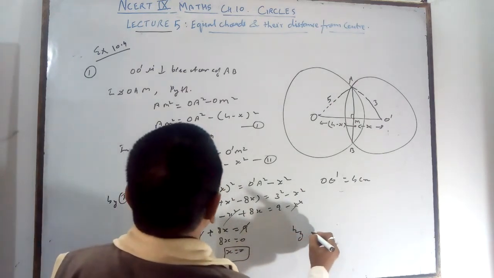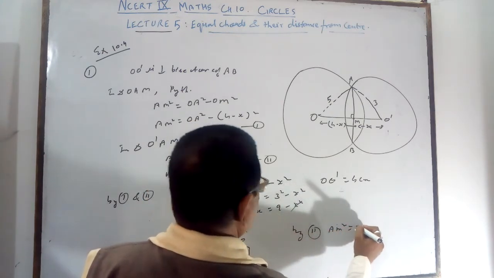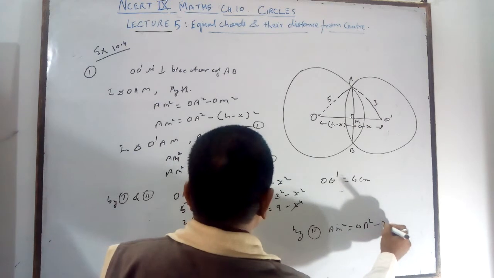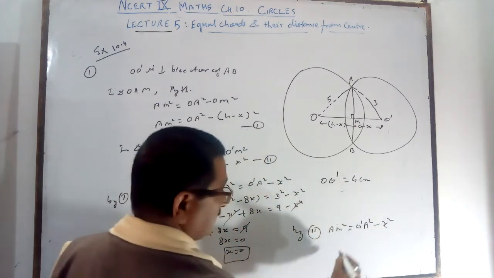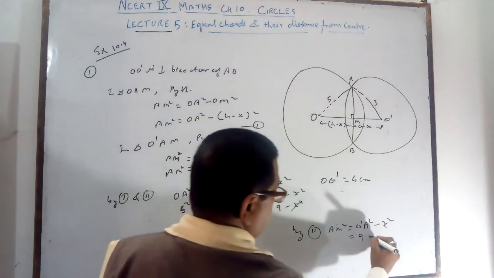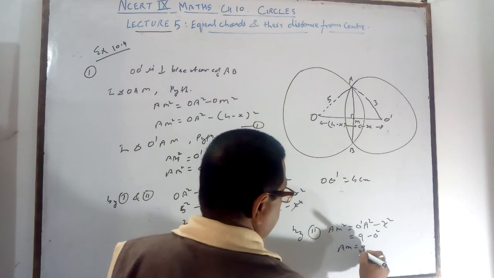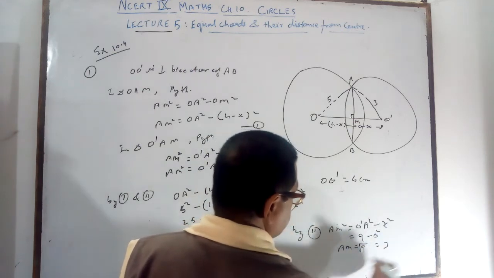So by equation number 2, AM square is equal to O dash A square minus X square, which is 3 square, 9, minus 0 square, gives you 9. So AM is equal to the square root of 9, that is 3.